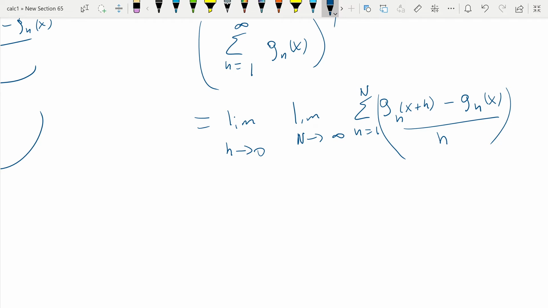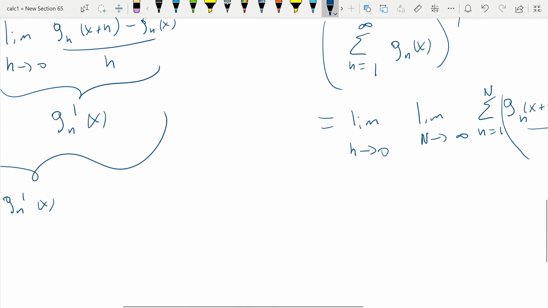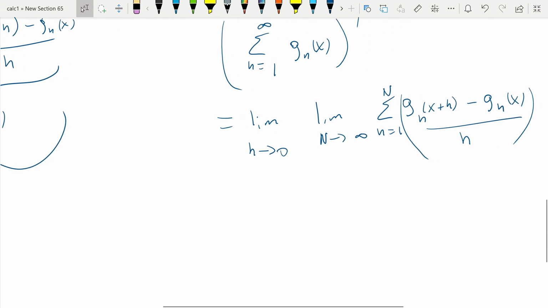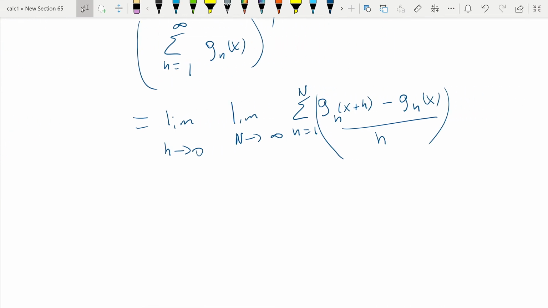Then you can interchange the limits here. And so these notions of uniformity appear all the time when you're doing analysis.